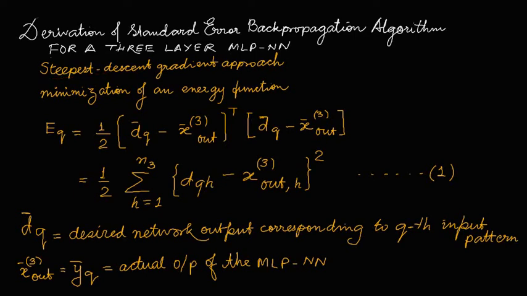and this approach is applied to the minimization of an energy function, and the energy function represents here the instantaneous error. This instantaneous error is written as half of this d_q.